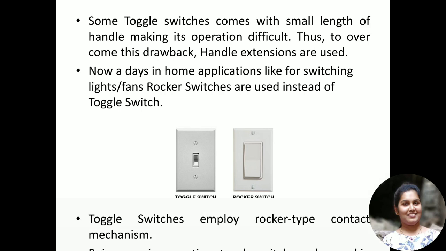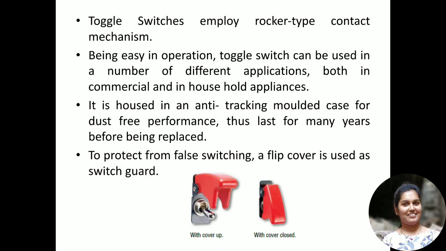In the previous diagram, we have seen a toggle switch which has a very small handle. This kind of handle is acceptable in the case of some domestic appliances or for laboratory purposes.